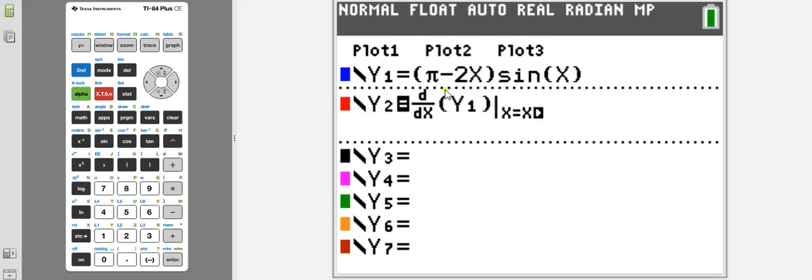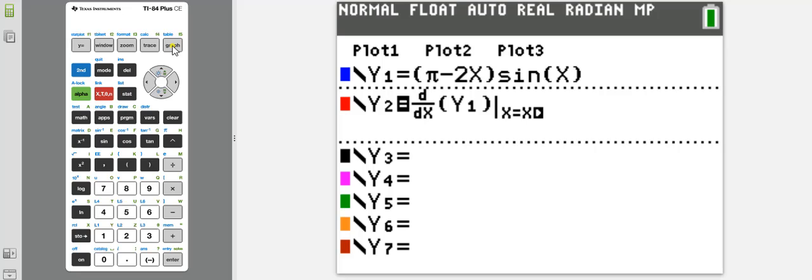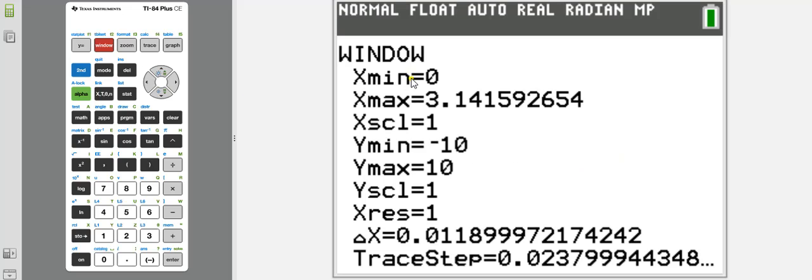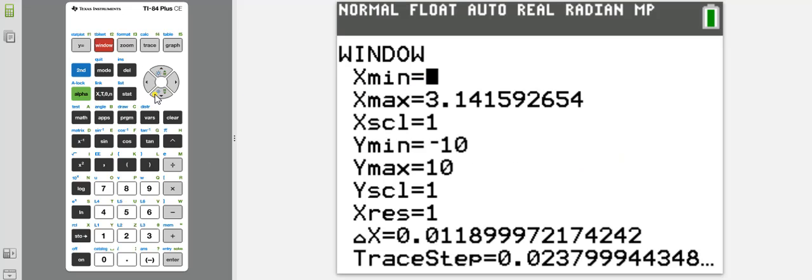Now, this is a setup to find the derivative of y1. Notice, I deselected this equation so that I only get to see the graph of y2. So let's graph it. Notice the window, I went from 0 to pi, because that was our domain.